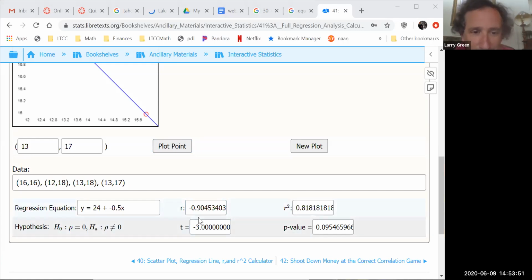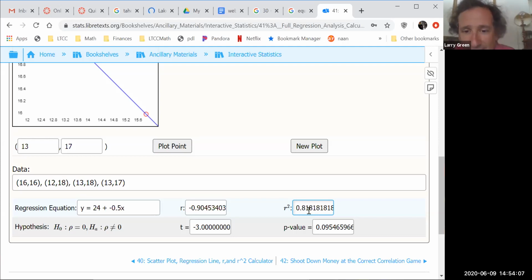All right. R squared is 0.82, about. Now again, we only have a data set of 4, so you shouldn't be doing this. But when you have a small data set, you do what you can do.